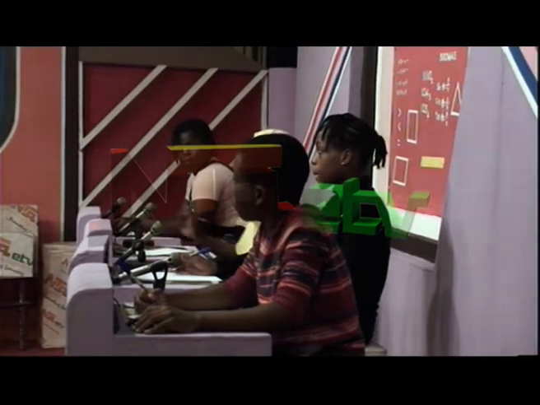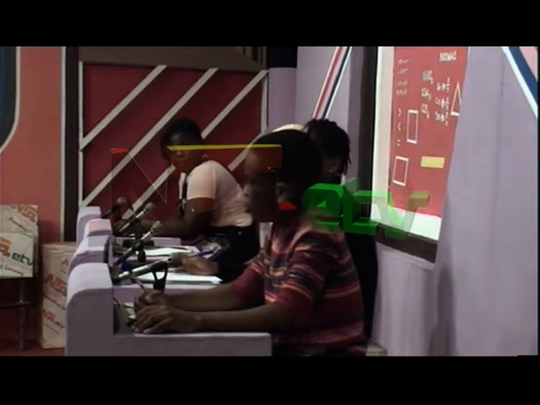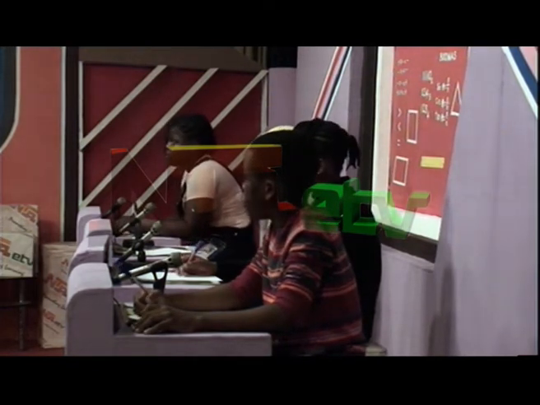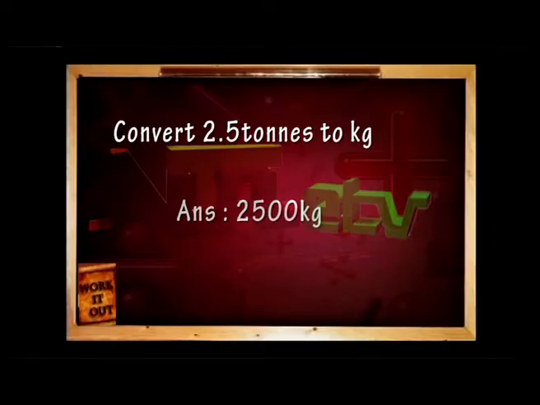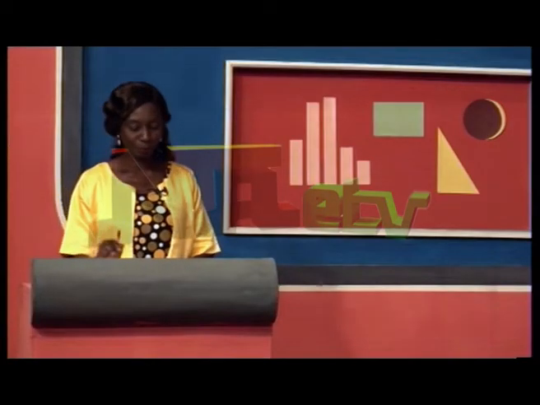Bonus contestant D, yes. 0.025 kilograms. No, 2.5 tons to kilograms. The answer is 2,500 kilograms. One ton is 1,000 kilograms. So you just multiply that and you have it.